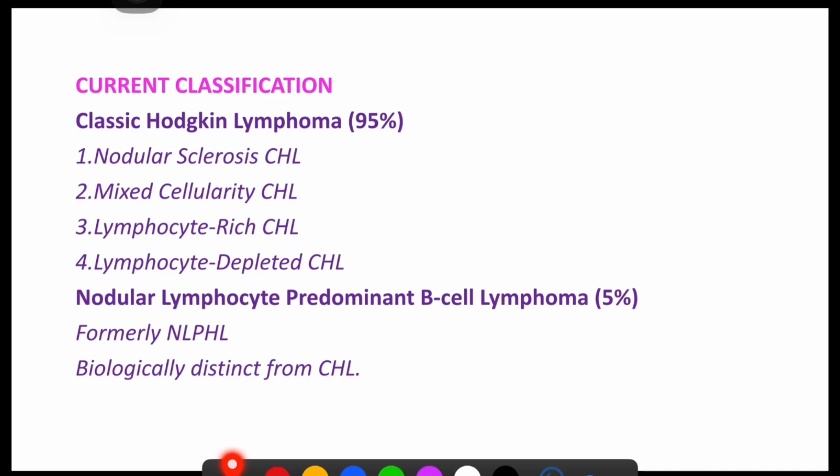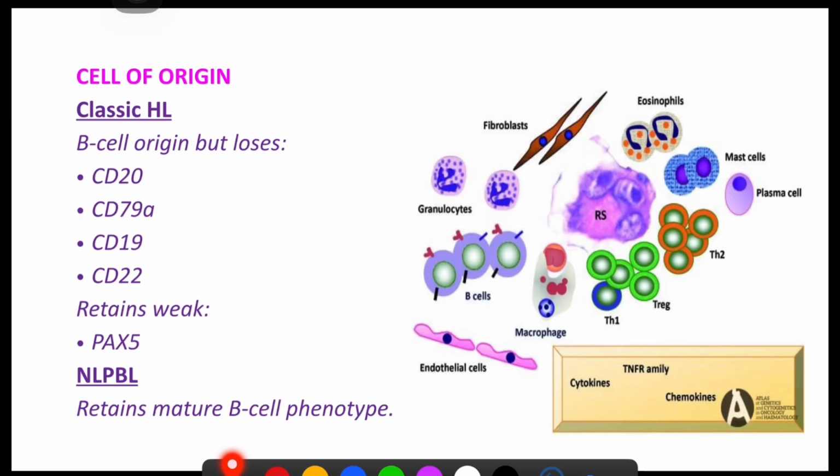Classic Hodgkin's lymphoma is divided into nodular sclerosis type, mixed cellularity type, lymphocyte-rich and lymphocyte-depleted classic Hodgkin's lymphoma. Another category is nodular lymphocyte predominant B cell lymphoma. Formerly it was known as nodular lymphocyte predominant Hodgkin's lymphoma, but it is biologically distinct from classic Hodgkin's lymphoma.